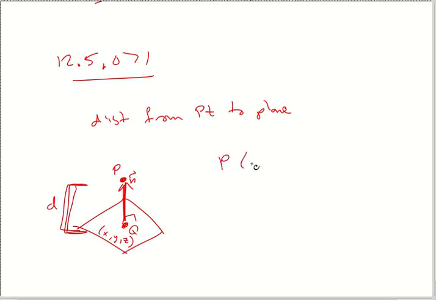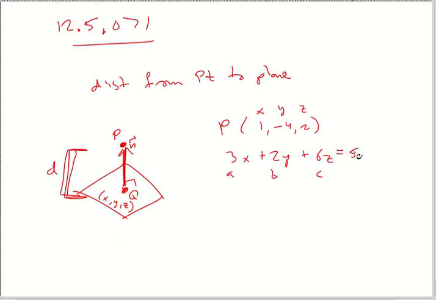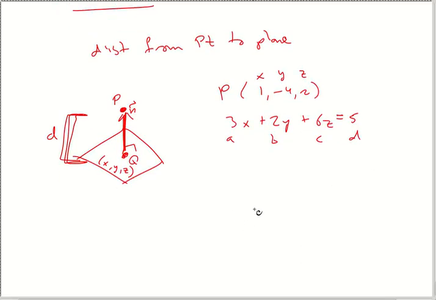So my point that they gave me is 1, -4, 2. My plane is 3x plus 2y plus 6z equals 5. Now this is an x, y, and a z here. This is an A, a B, and a C, and a D, if they're asking for it. There's actually a formula for this.